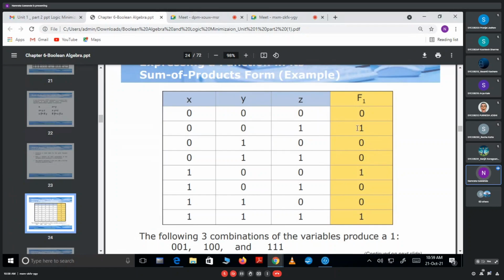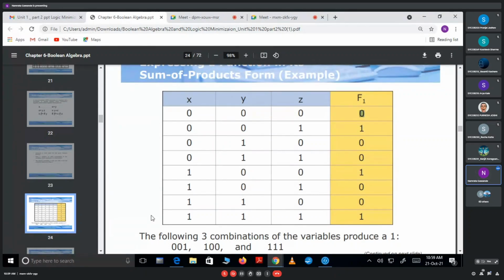Just values are given: 0, 1, 0, 0, 1, 0, 0, 1. 0 means off, you know that. 1 means on. In terms of binary, any output can be represented in terms of zeros and 1. So if the truth table is given with these values as the final output, it produces high voltage or low voltage, like that.